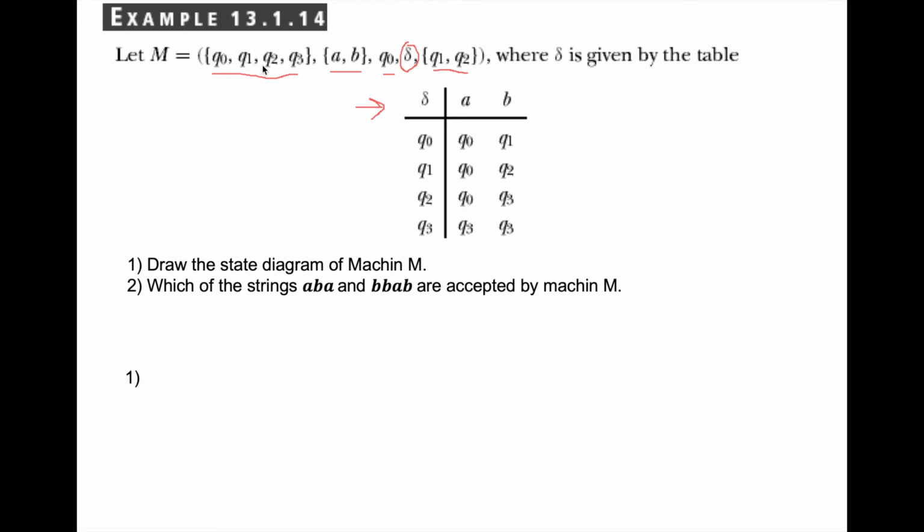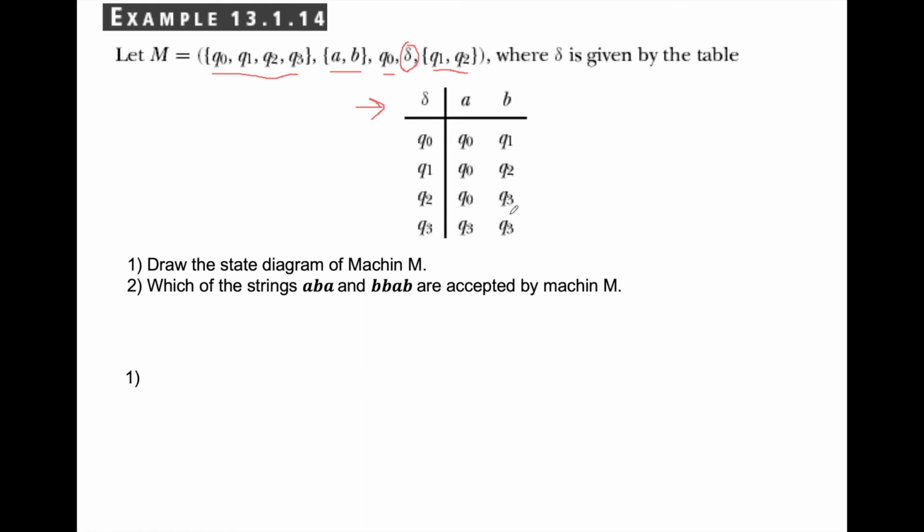Our example is describing a machine with 4 states, 2 inputs, an initial state, 2 final states, and the delta represented in our transition table here. What we need to do is draw the state diagram of machine M, and then check those 2 strings to see if they are accepted by machine M or not.